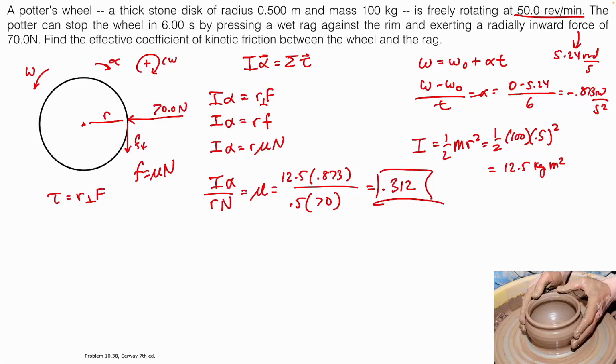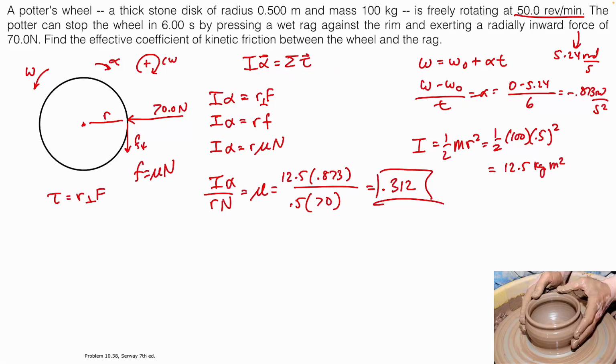Why didn't you drop the negative? Because I didn't. The negative sign right here just means it's slowing down. I set direction to be positive in the same way that the acceleration was going, which lines up with the torque direction that I had. So my alpha and my torques were both positive.